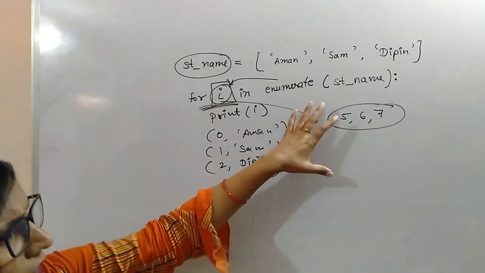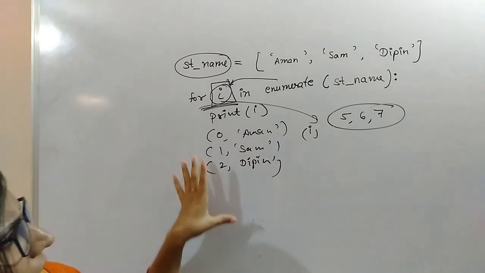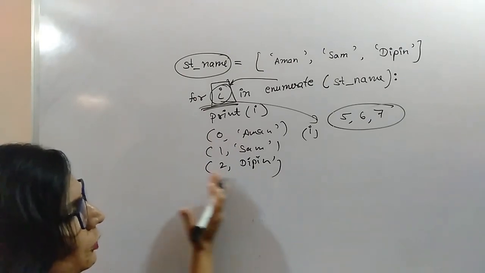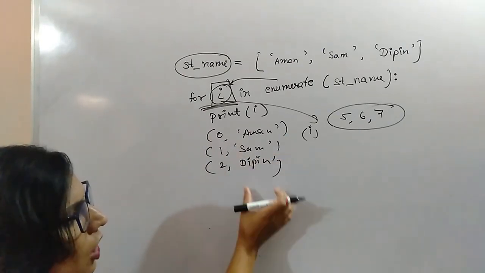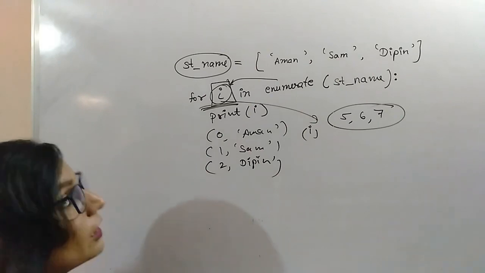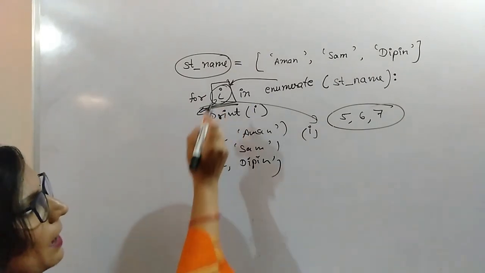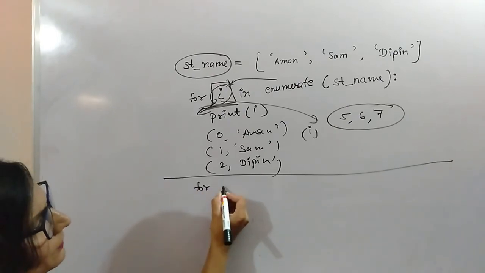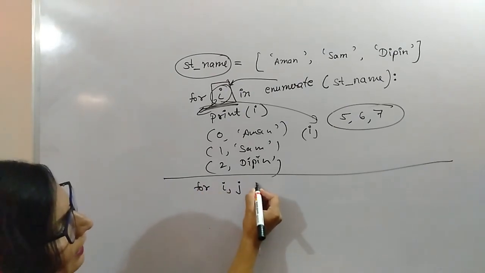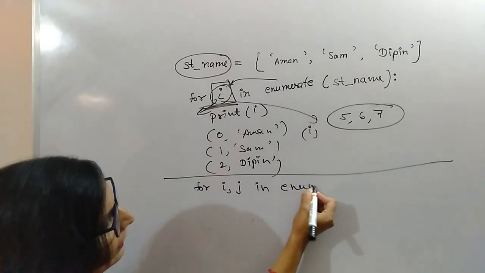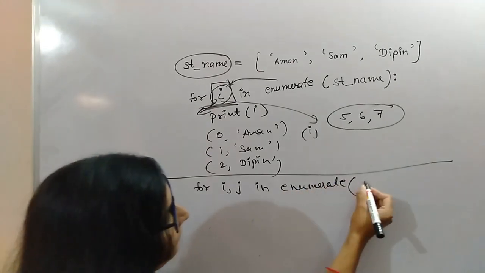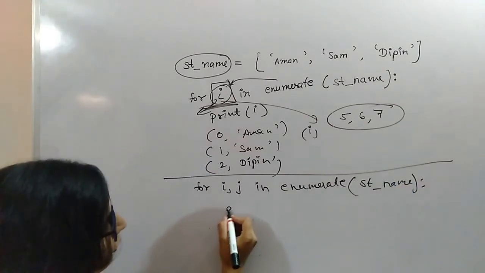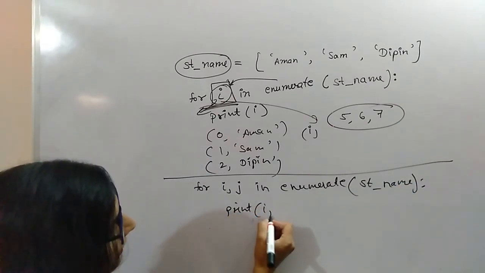Let's say for this example, I want to enumerate in a way that all the indexes go to one location and all the records go to a different location. So in place of one virtual memory, I'll be using two memories. The syntax would be something like this: for i, j in enumerate st_name, colon, and then print i and j.